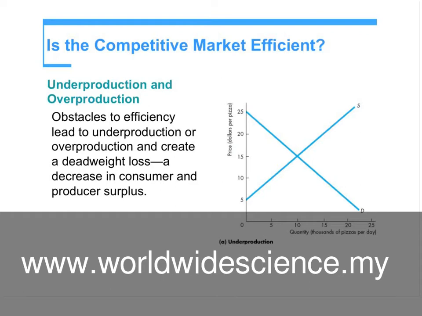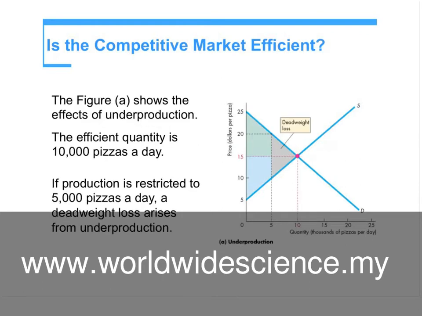If production is restricted to 5,000 pizzas a day, a deadweight loss arises from underproduction. If for some reason, like technology or some other problem, we couldn't go to 10,000 pizzas, you would have a deadweight loss, the gray area that you can see shaded, because we are not able to produce more.